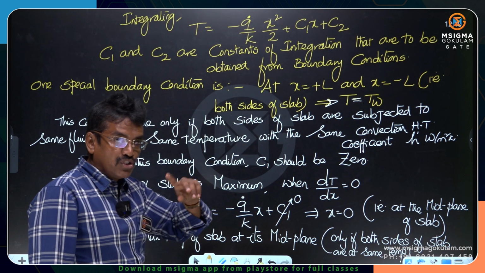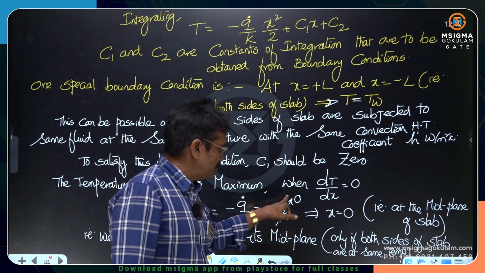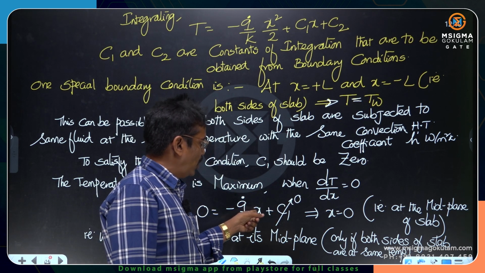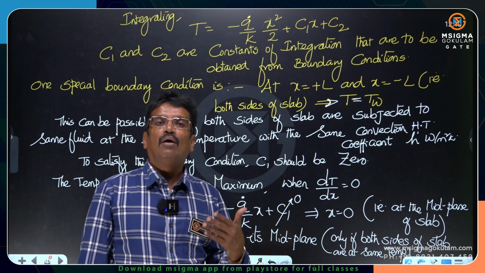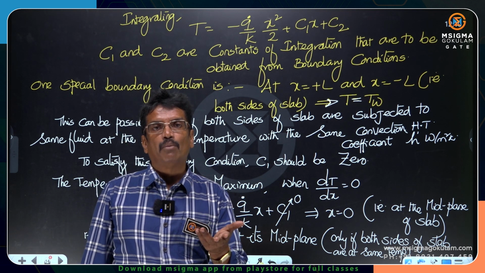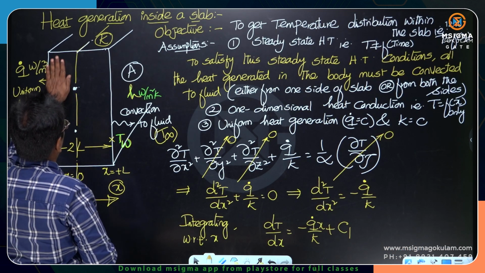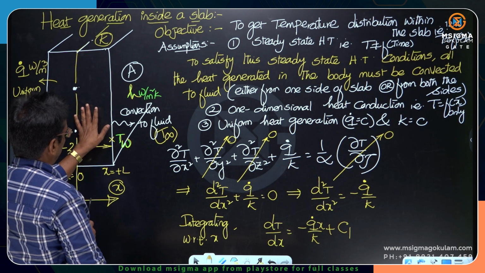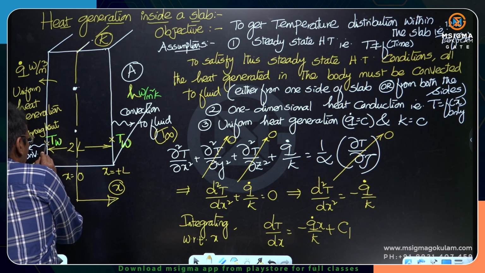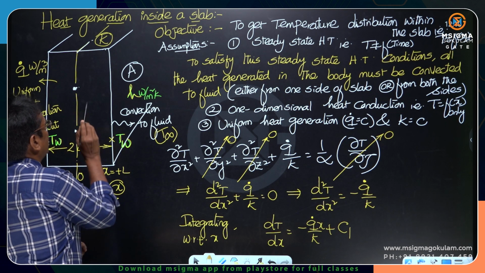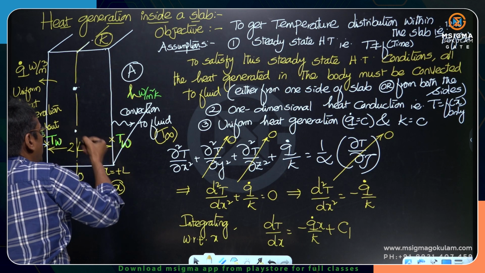In case both sides of the slab are not at the same temperature, then C1 will not be 0. When C1 is not 0, x will not be 0. Obviously, when x is not 0, you may see the maximum temperature on the left hand side of the slab or on the right hand side of the slab. I repeat that only when both sides of the slab are at the same temperature are you able to see the maximum temperature at the midplane.